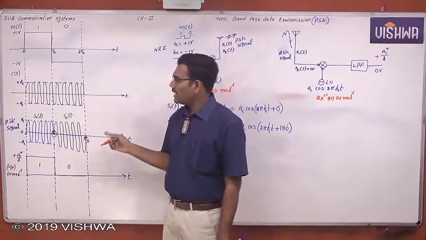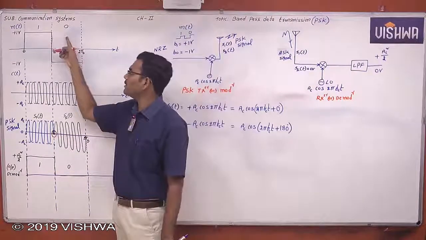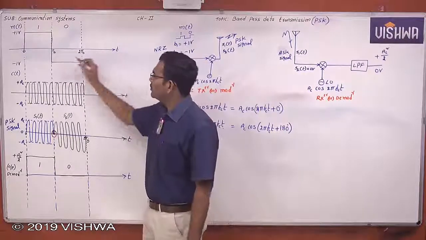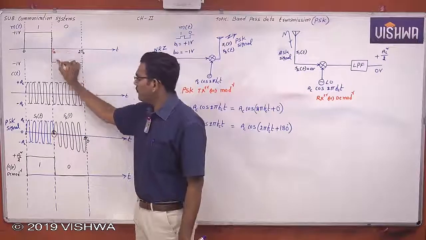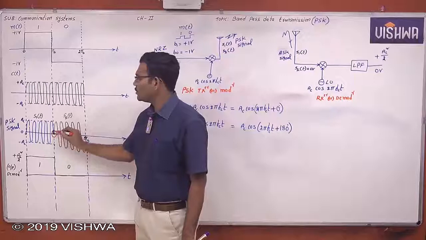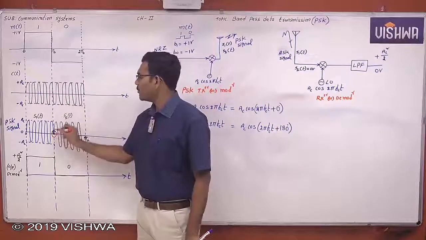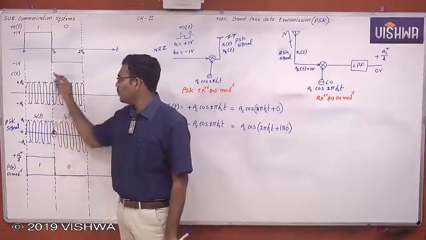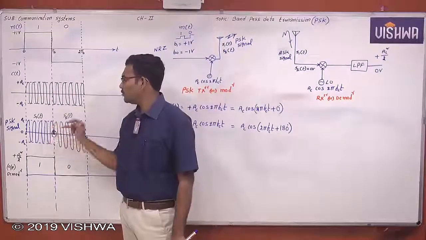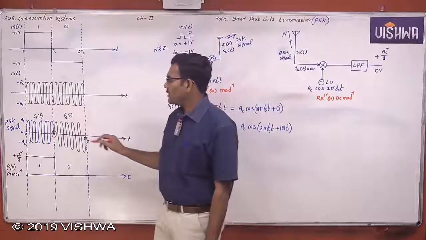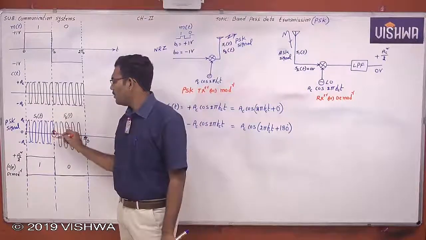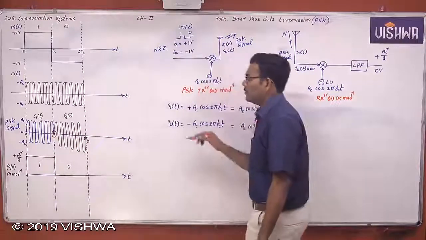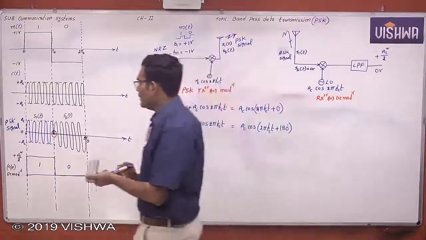But here there is a transition from binary 1 to binary 0, 0 to 1, 1 to 0, so you can exactly identify at which point the phase is changing from 0 to 180 degrees. So there is a change in phase of 180 degrees between binary 1 and binary 0. That is a PSK signal in the time domain.